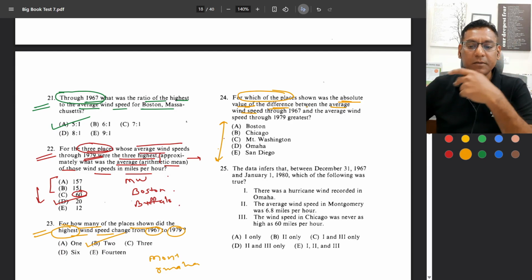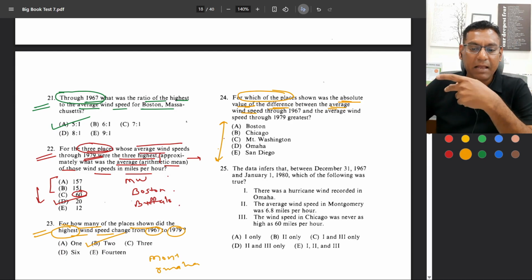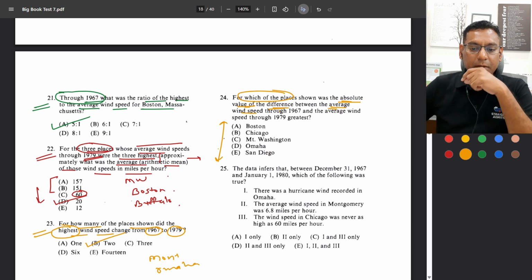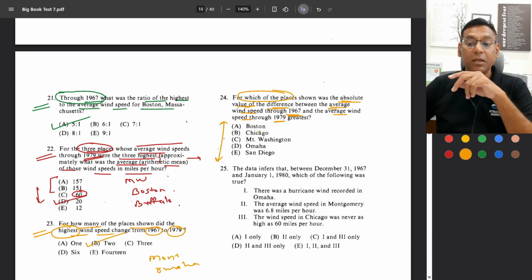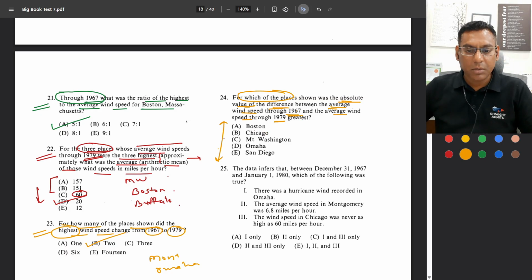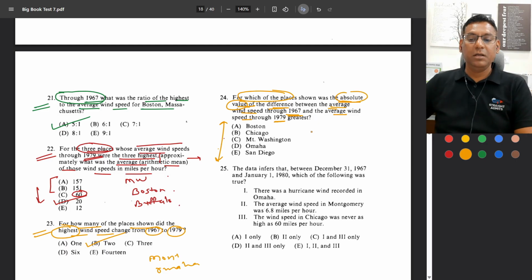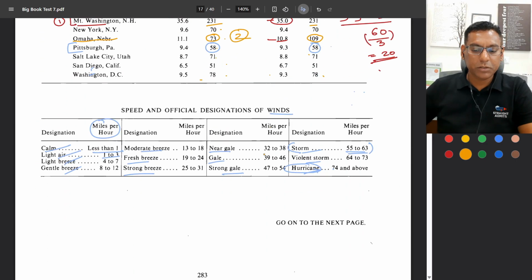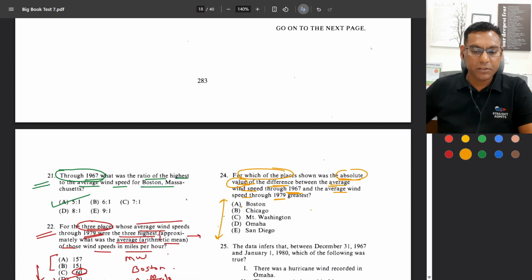What are those things? The difference between average wind speed through 67 and average wind speed through 79. So I need to find the absolute value of the difference between the two averages.